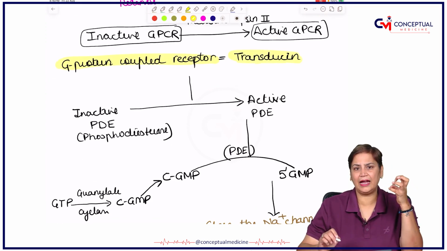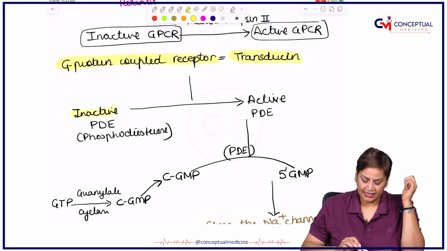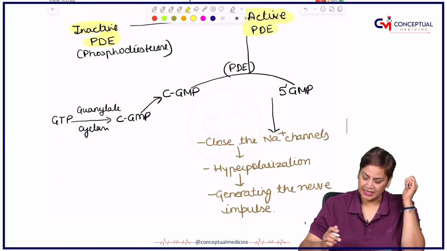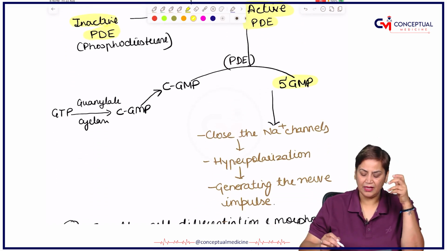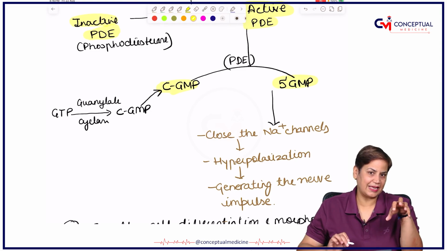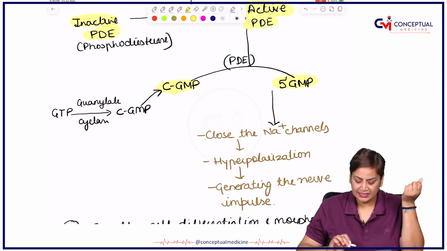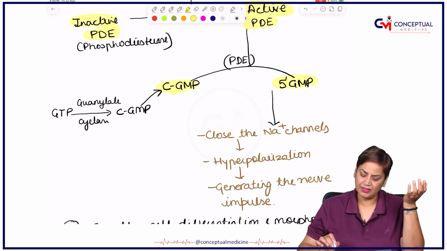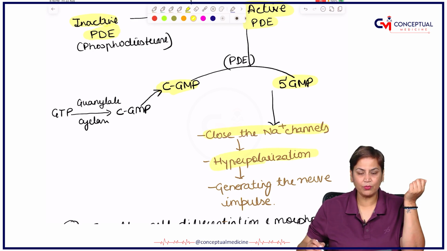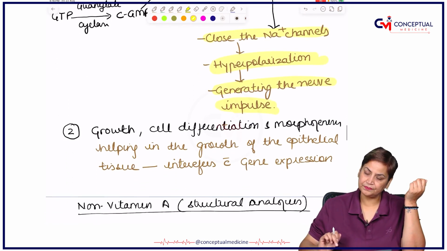Then inactive phosphodiesterase will be converted into active phosphodiesterase, because phosphodiesterase is the enzyme which accelerates the conversion of cyclic GMP into 5' GMP. So it will close sodium channels leading to hyperpolarization, and it helps in the generation of the nerve impulse.